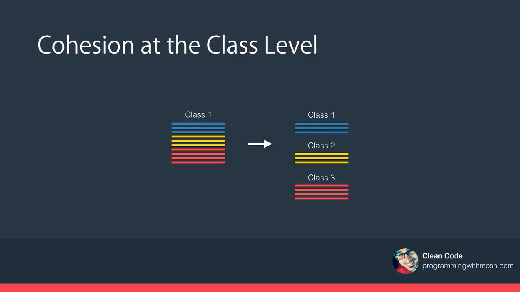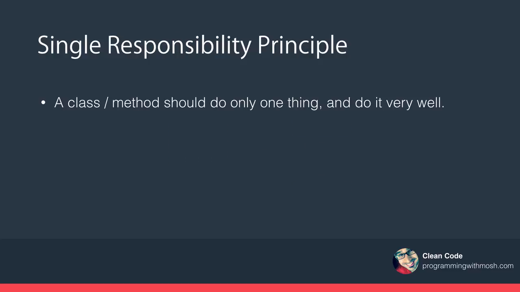All those methods that are highly related should be in the same class, and those that are not related should go in a different class. If we design our classes or our methods based on this principle, we adhere to the single responsibility principle, which means a class or method should do only one thing and do it really well.